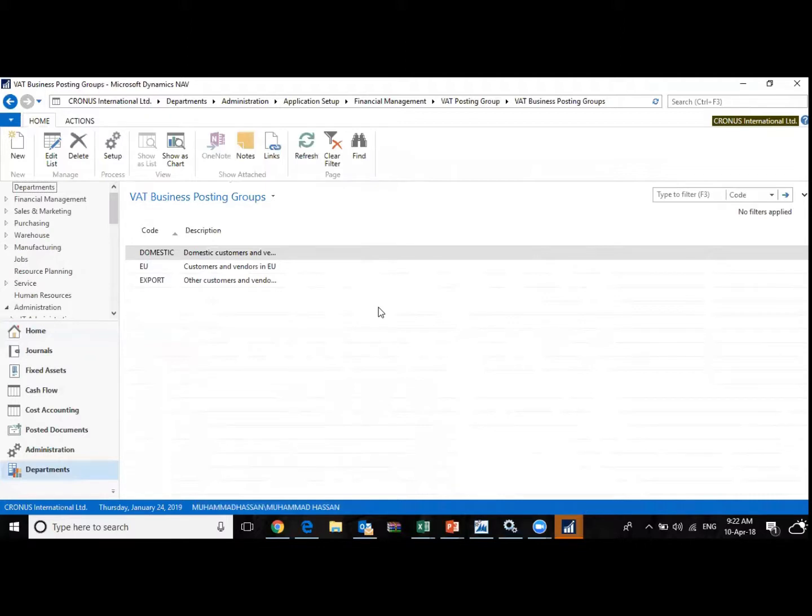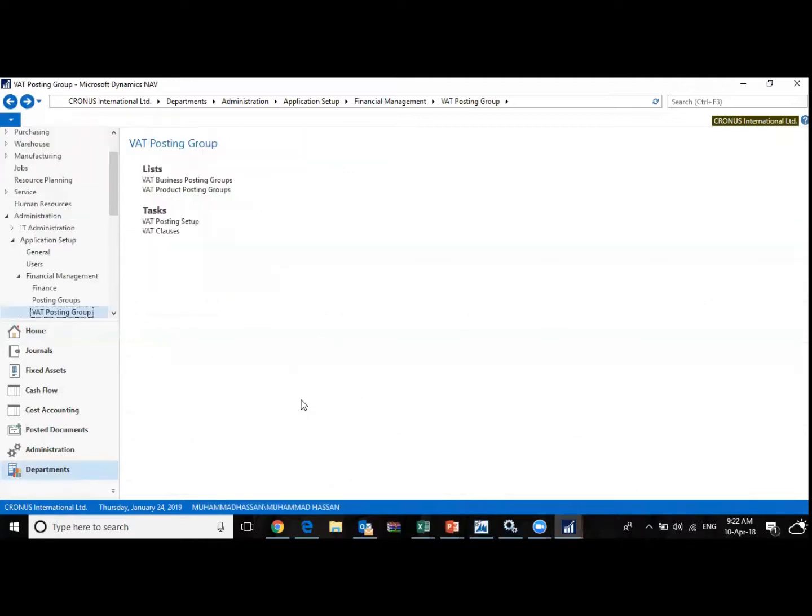You can see here there are three VAT business posting groups, and if you recall yesterday when we covered the general business posting group, we saw the same thing over there as well. So you have your domestic, you have your EU, and you have your export.